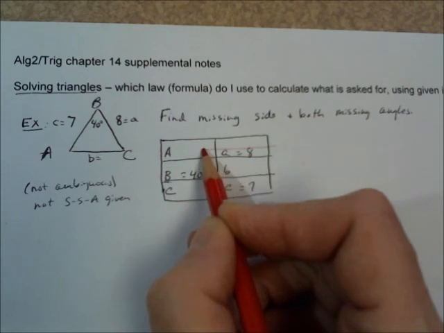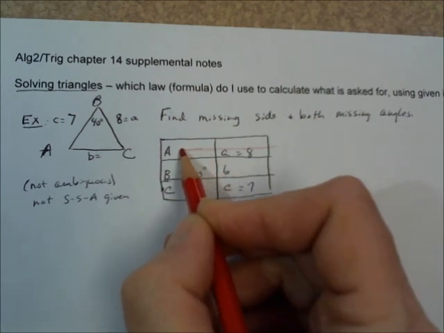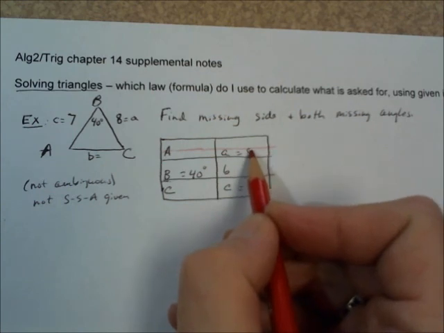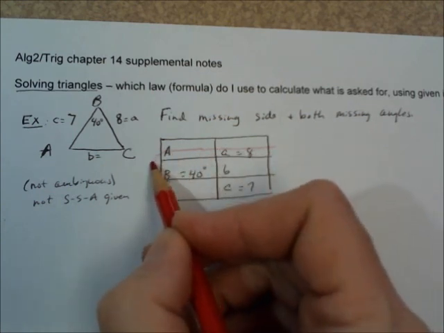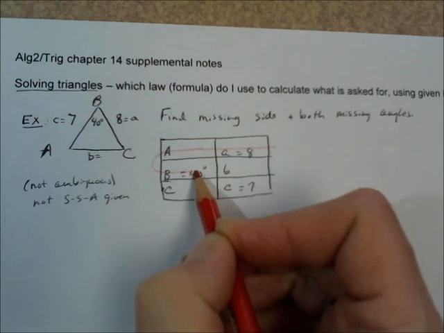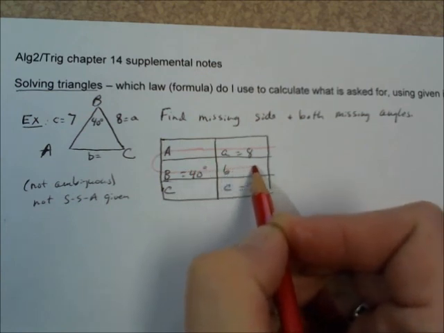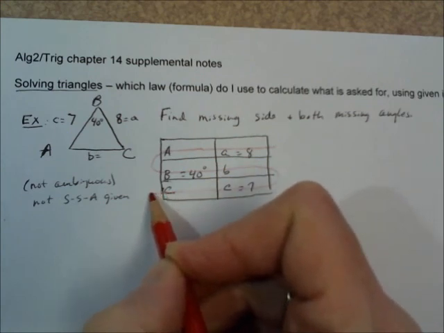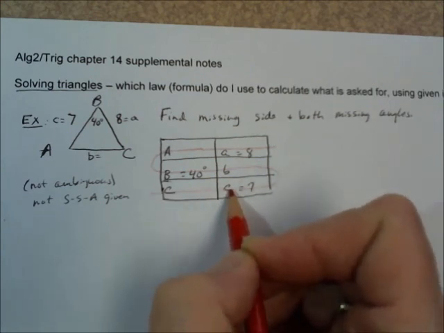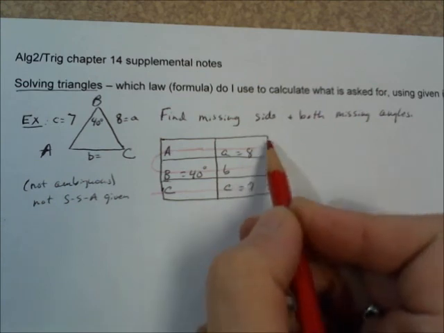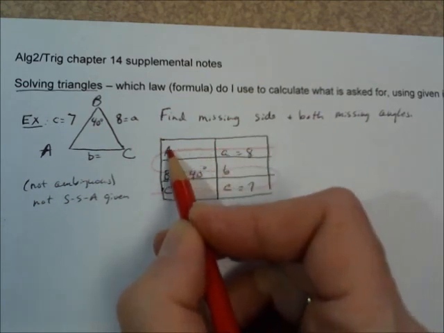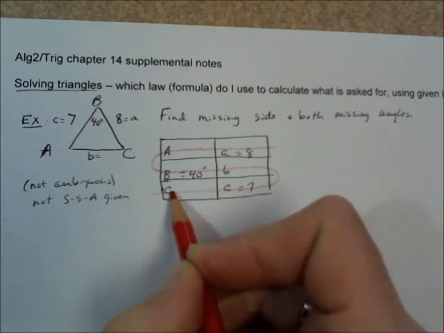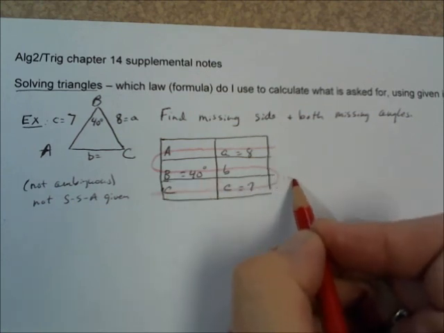If there is information in an entire row, in other words, if there is a big A and a little a, or if there's a big B and a little b, or if there's a big C and a little c, all completed in one row, then what we've just drawn is the letter S. And the letter S stands for the law of sines.